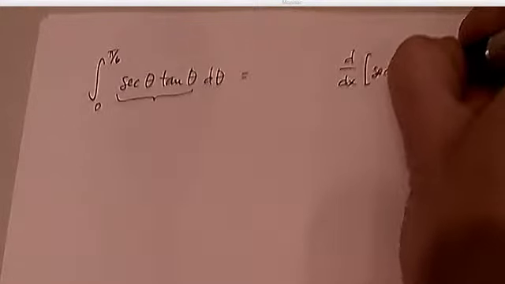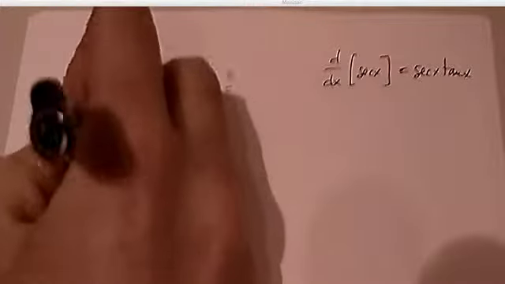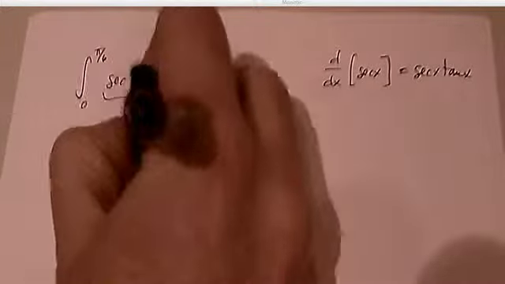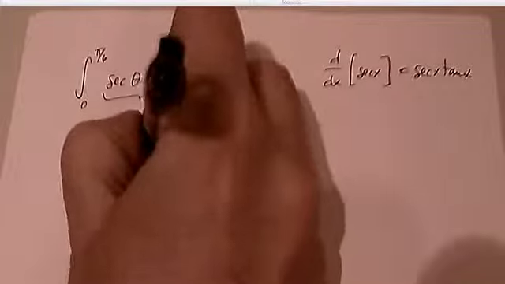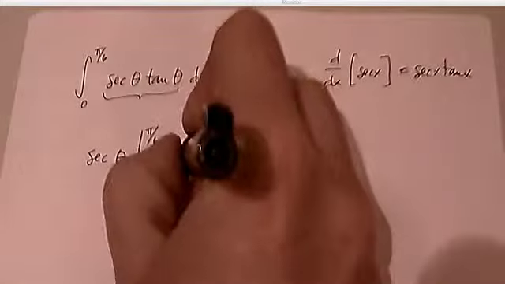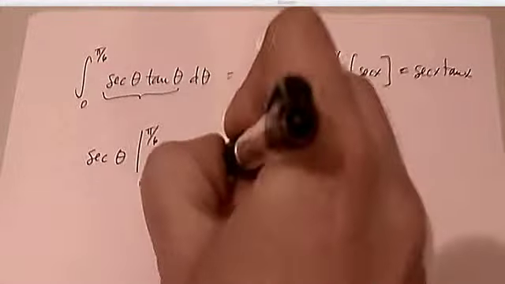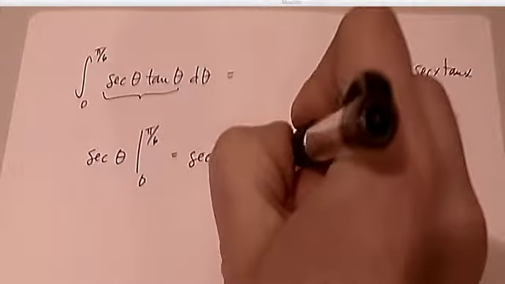So if the derivative of secant x is secant x tangent x, then going the other way, this winds up being secant theta from 0 to pi over 6. Well, secant of pi over 6 minus secant of 0.